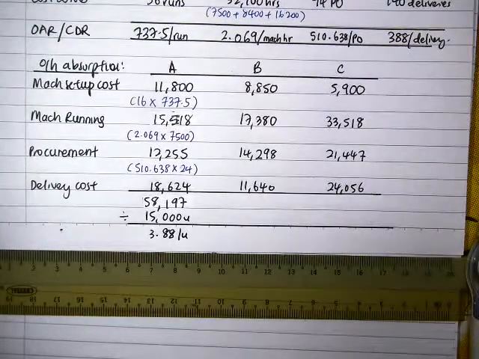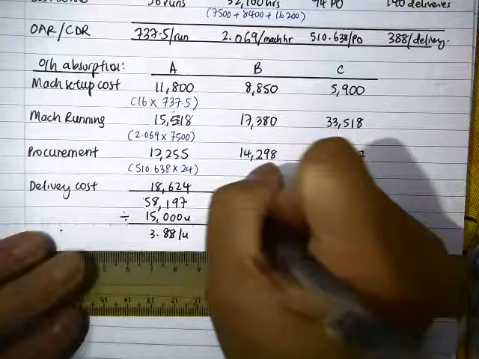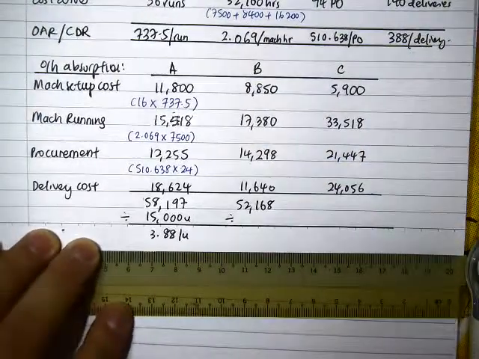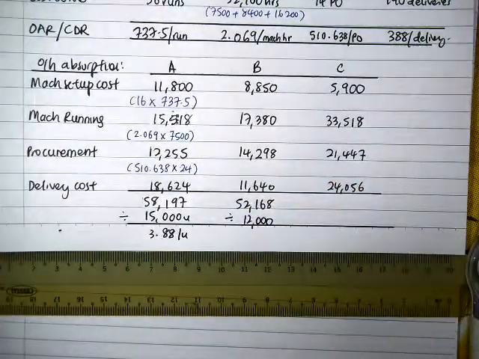So for product B, $52,168, and we produce 12,000 units.